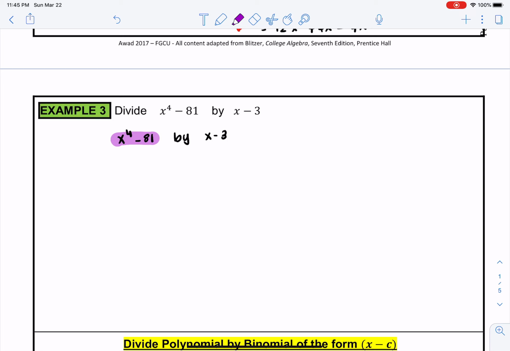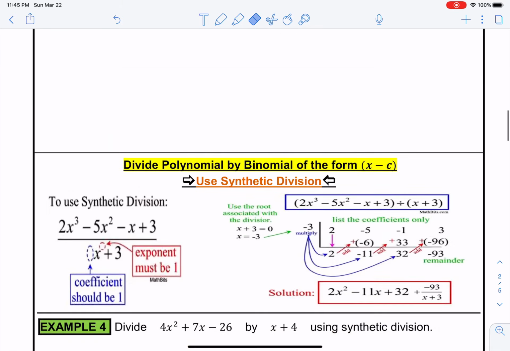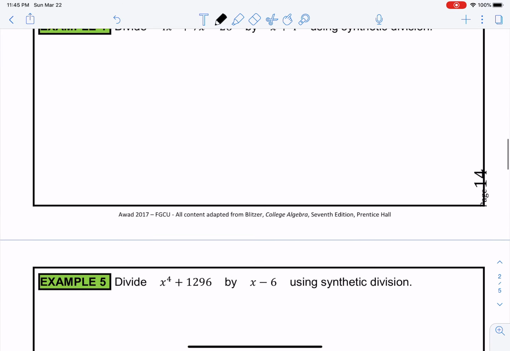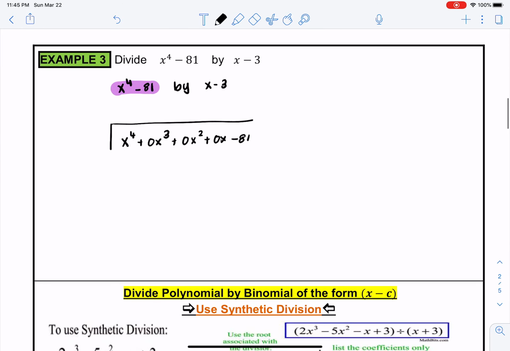So in a division of this sort, it is always easier if we insert some terms. So I could write it as x raised to 4 plus 0x cubed plus 0x squared plus 0x minus 81. And I'd like to divide that by x minus 3.